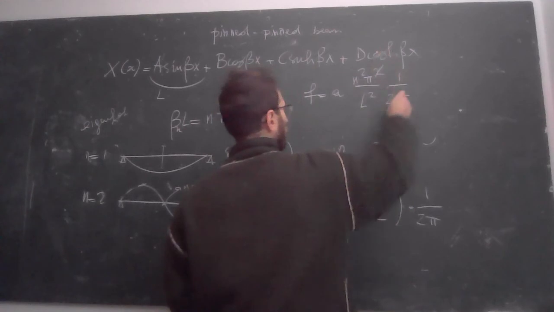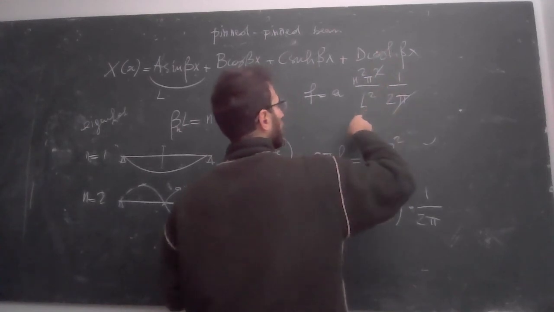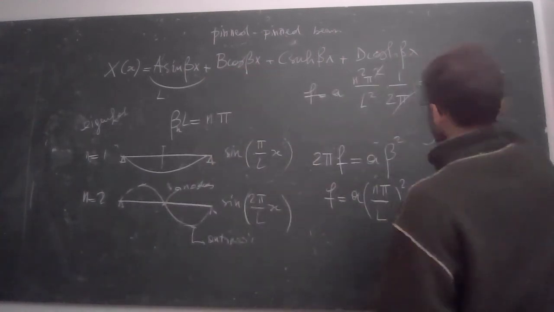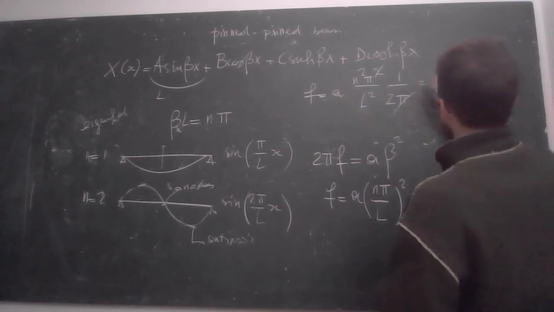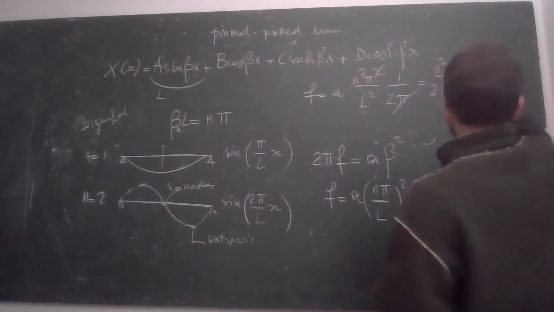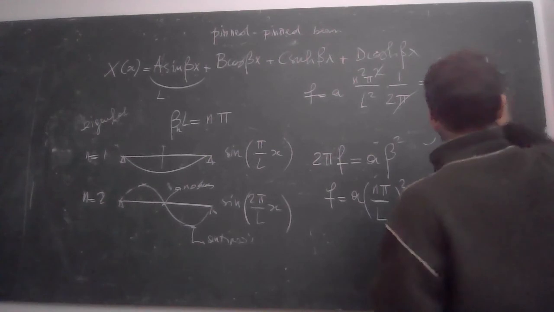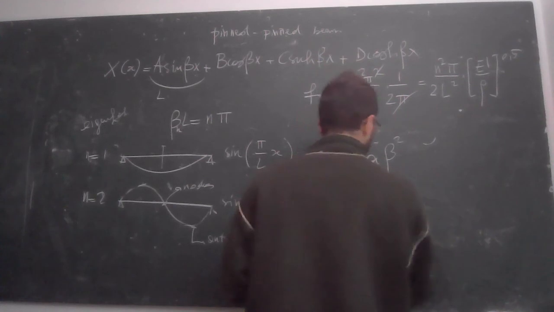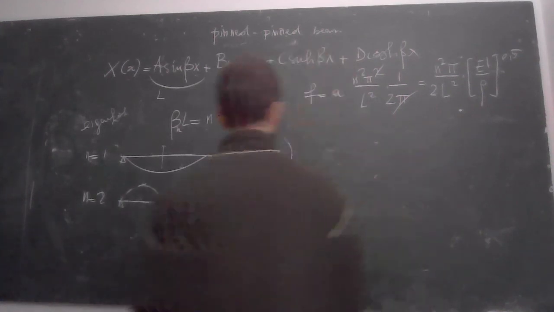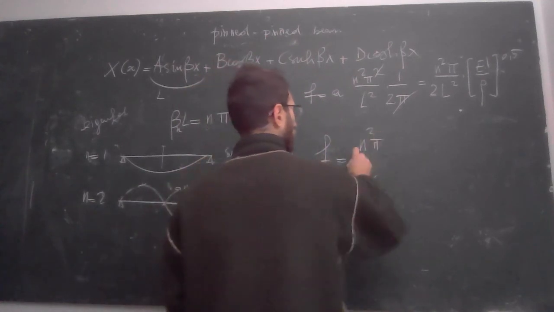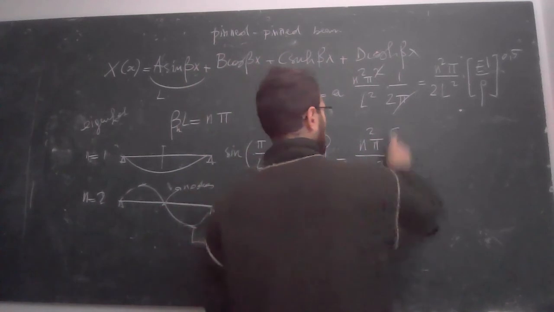So we have pi and pi. So it becomes a, which is the square root of EI over rho A, times n squared pi over 2 L squared. I will write it bigger. This is very famous.